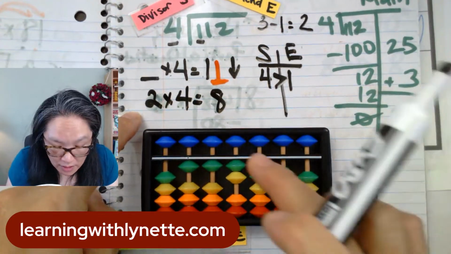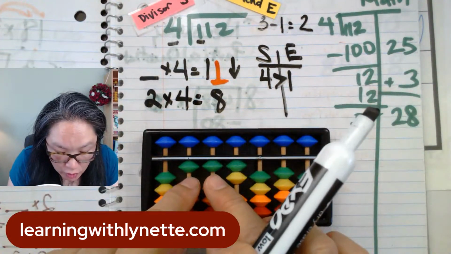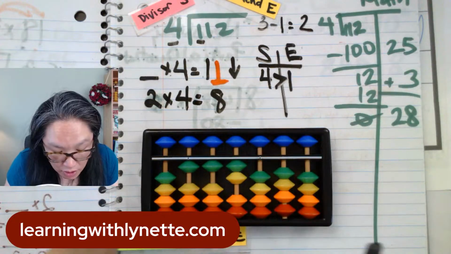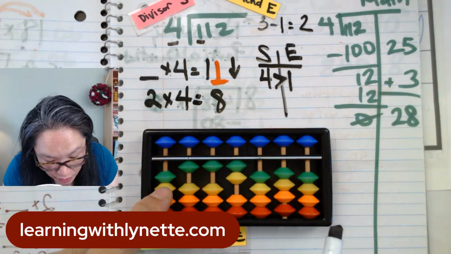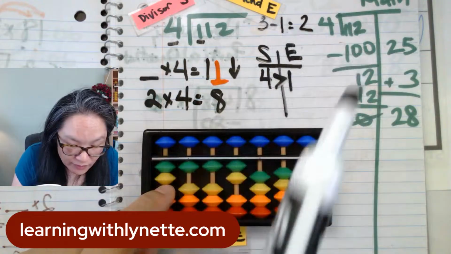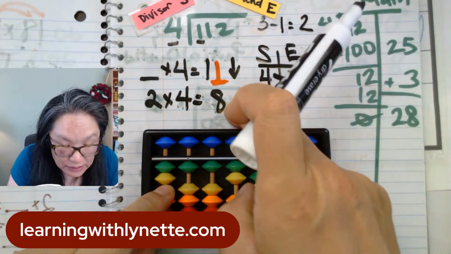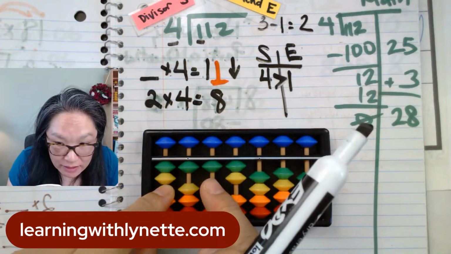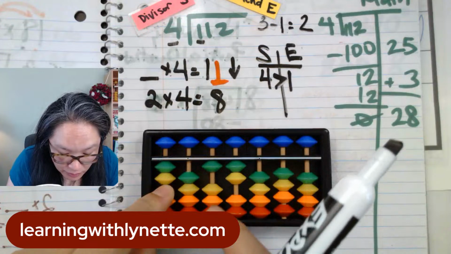I'm going to the closest to get to 11. So I'm going to add the 2 as my quotient. 2 times 4 is 8, right? So I take away 8 here. Take away 10 plus the 2.